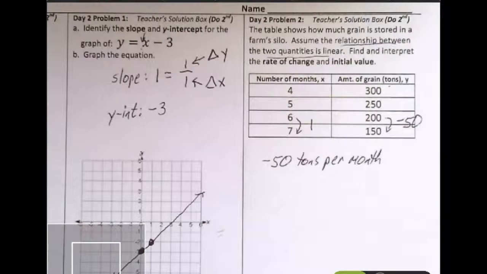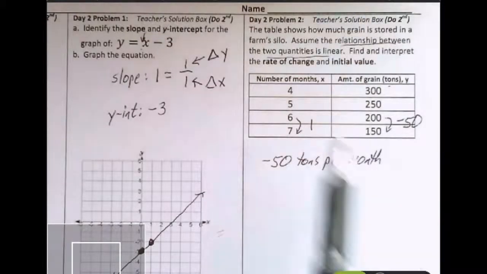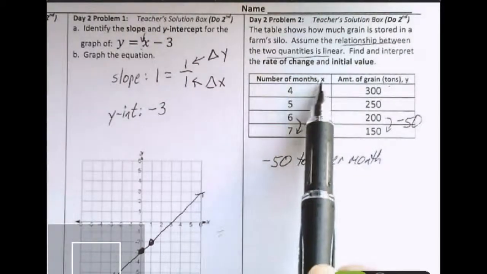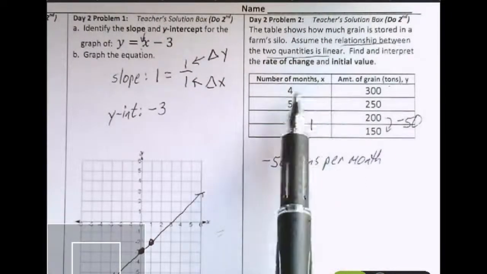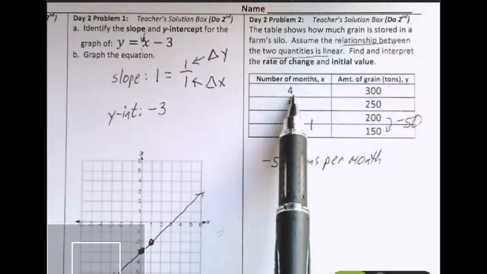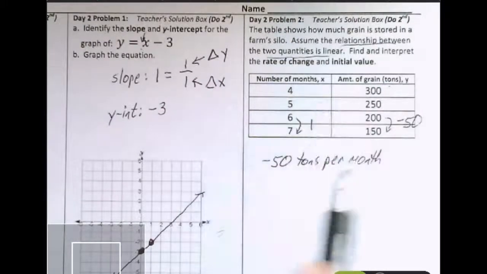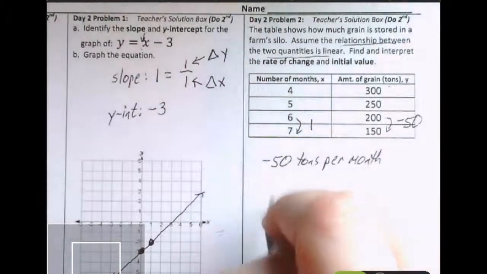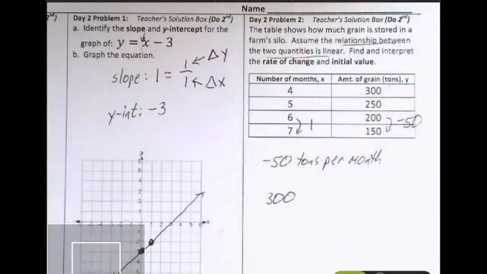Knowing that's the rate of change, we can work backwards to figure out how much grain was in the silo at the beginning when x is 0. The first row, we have information when x is 4, so we need to work backwards from the 4th month. So for the initial value, in the 4th month, there are 300 tons of grain.